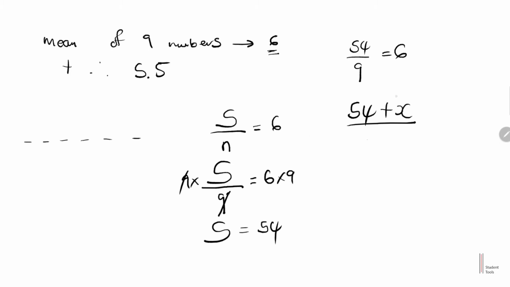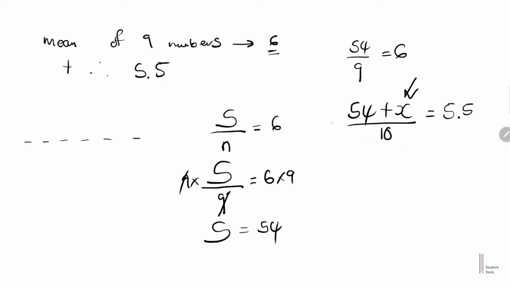And in the second case, we have one more. So which means it's the 9 plus this one. So that means it's a 10. And the mean of this one is equal to a 5.5. So what we're looking for is this x. So let us find this value of x.